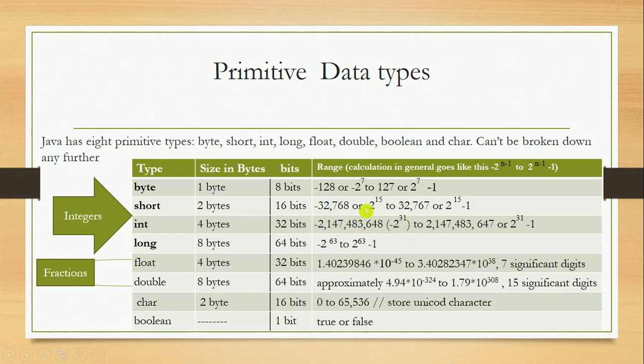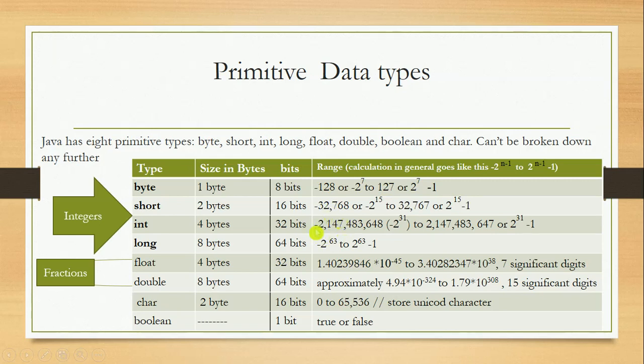And when we have a value which is larger than this, then we'll go to int. And int consumes about 4 bytes, which is about 32 bits. And the maximum value int can store is about 2 billions. And the minimum value is about negative 2 billions.